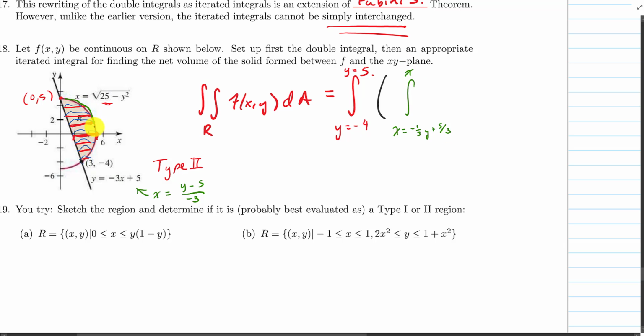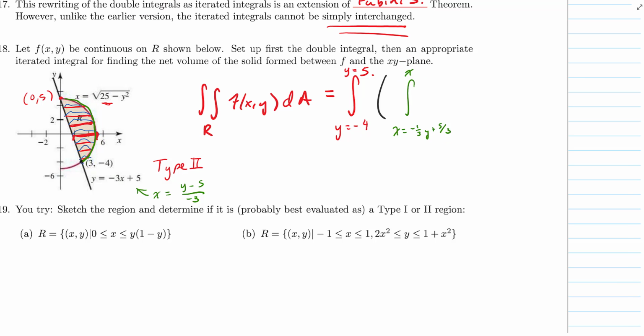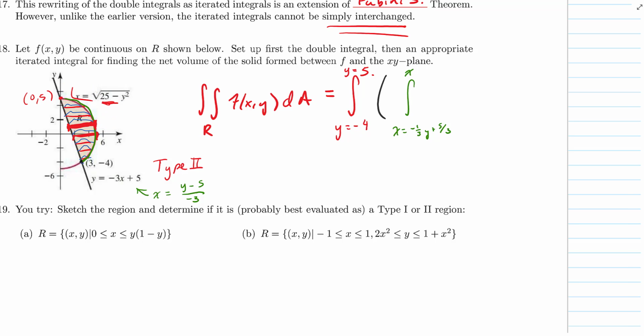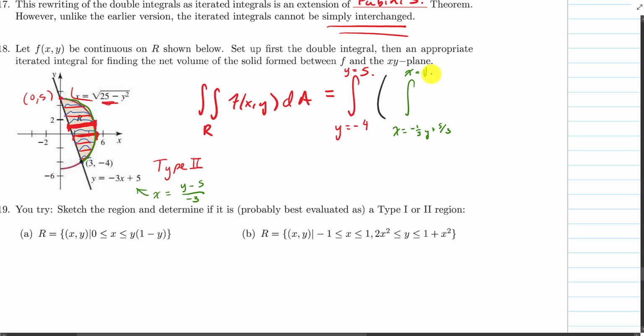That's this curve up here, right? So as I drew those horizontal bars, we go from the left endpoint to the right endpoint. On the right side, we hit this semicircle, so that goes all the way up to where x is equal to the square root of 25 minus y squared, of whatever our function is, f of x, y, and we're going to integrate that with respect to x.